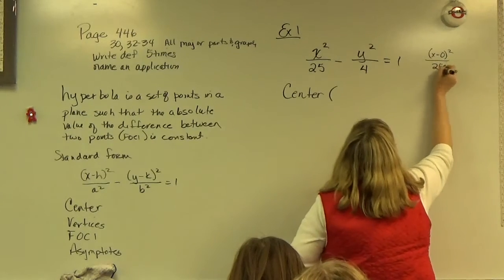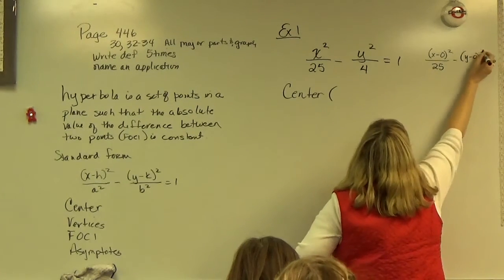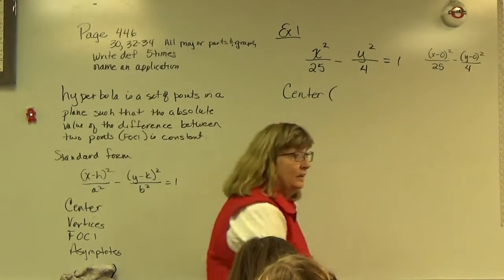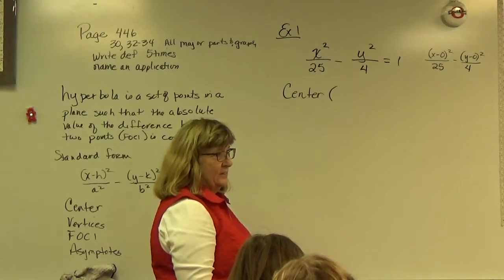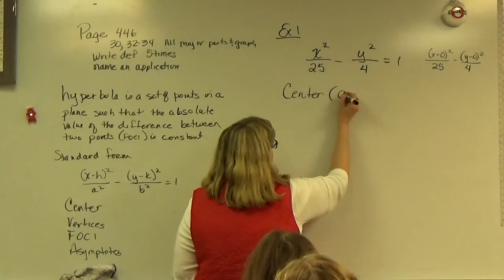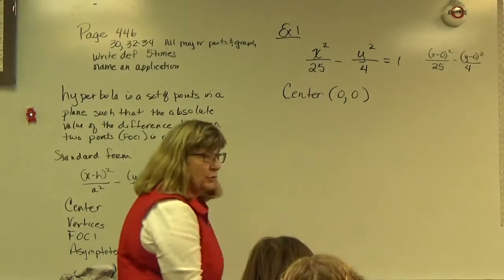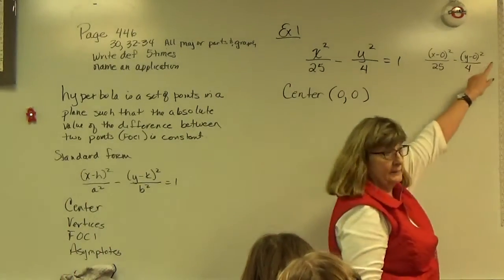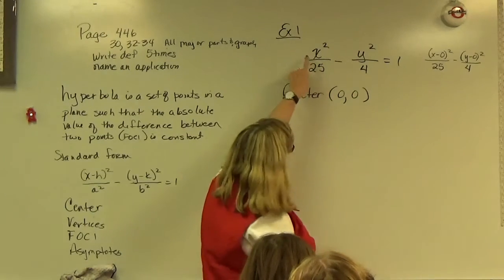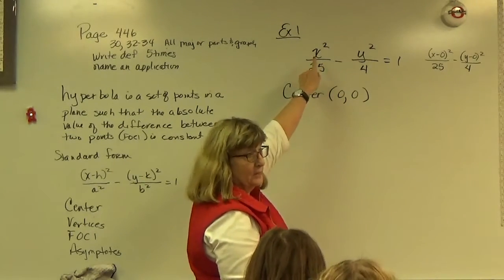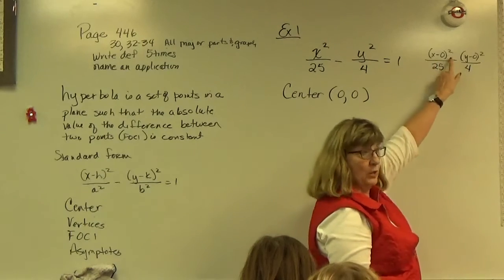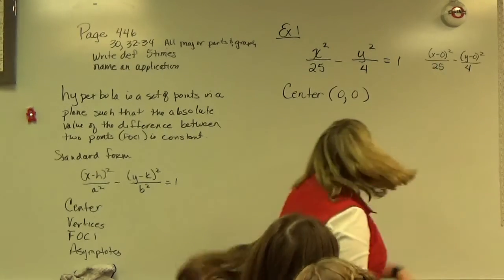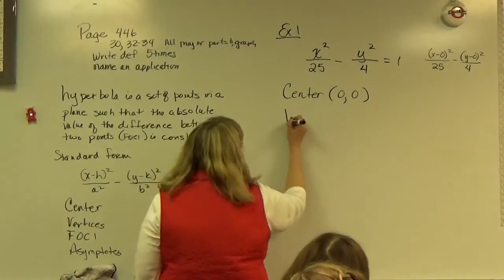X minus... That's what I want to hear. Center is 0, 0. So remember when you did your ellipse, didn't you change both the signs in with the x's? And isn't it understood that x minus 0 is x? So you don't really have to write that. That's why it's not there. It's understood. Okay? Now, we're ready for the vertices.